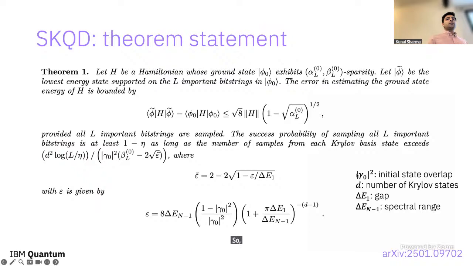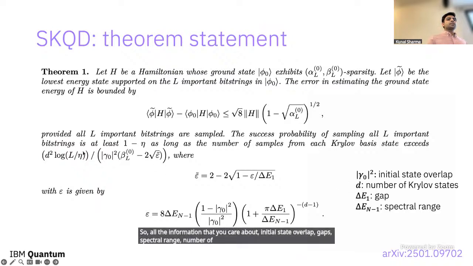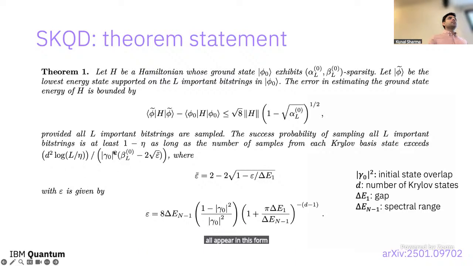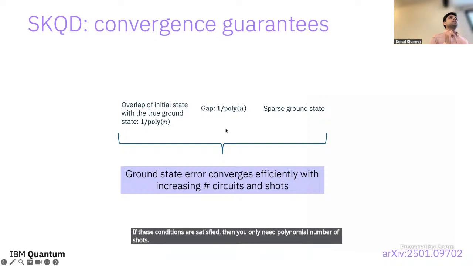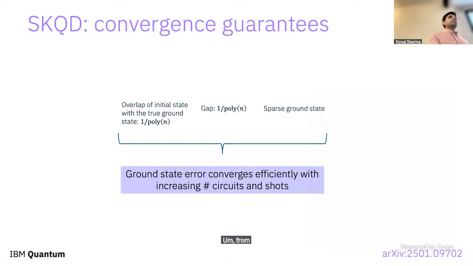All the information that you care about, initial state overlap, gap, spectral range, number of Krylov states, all appear in this formula. And all it's saying asymptotically is that if these conditions are satisfied, then you only need a polynomial number of shots from the quantum device and just diagonalize in that subspace. And then you're good to go.